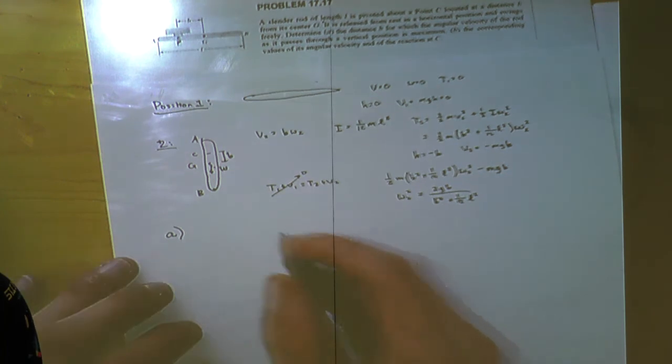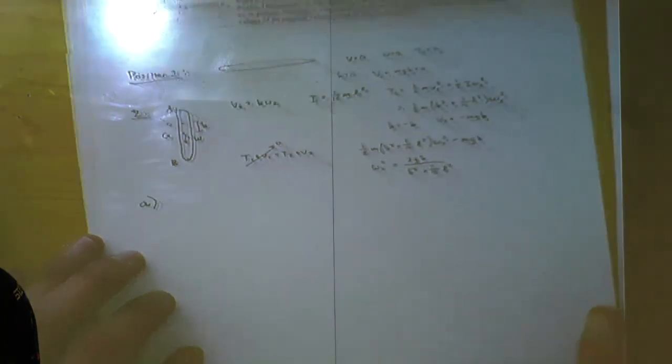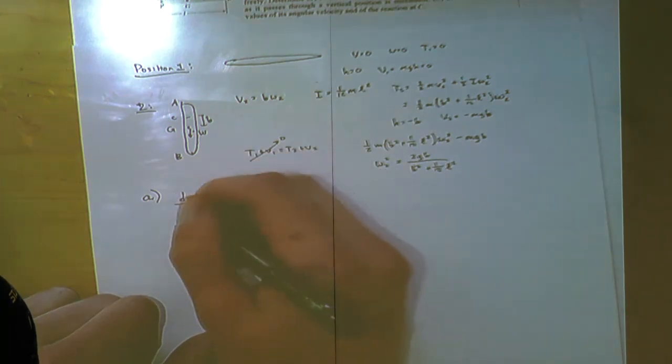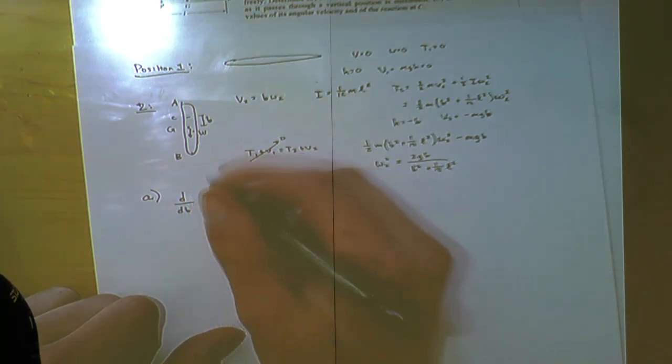So for the first part, we're looking for the value of b at the maximum angular velocity. So I'm going to take the derivative with respect to b.